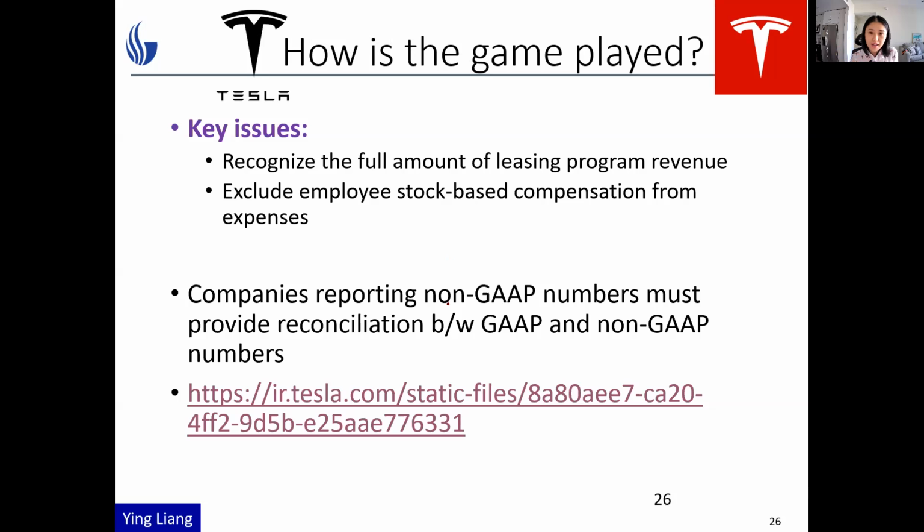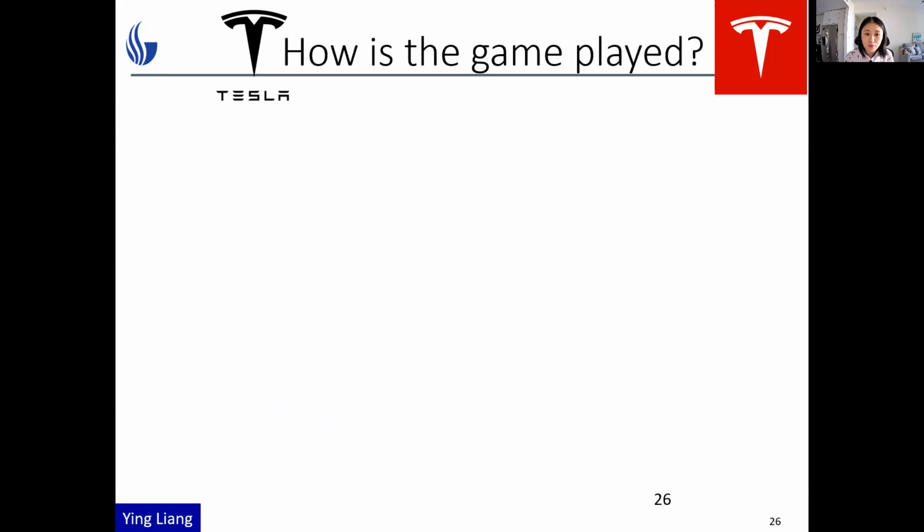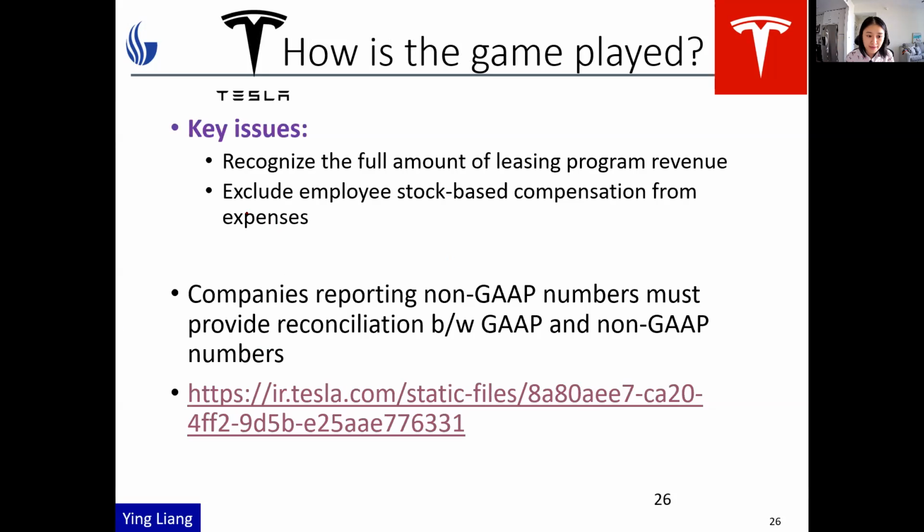But Tesla, in their non-GAAP, which is what they voluntarily do, doesn't have to follow GAAP. They recognize all 3 years of revenue upfront, so that basically triples it. The second thing is that they remove one of the expenses, so that net income with fewer expenses would increase.